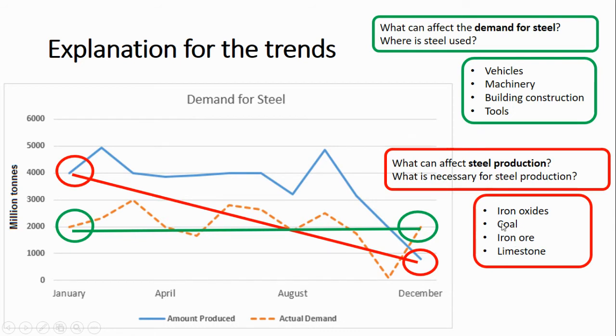Imagine coal disappeared for a while, or it's difficult to find coal. So what will happen? The steel production will drop if there is not enough coal, right? So that's why we need to read about it and know what is necessary for this and how it's still used.